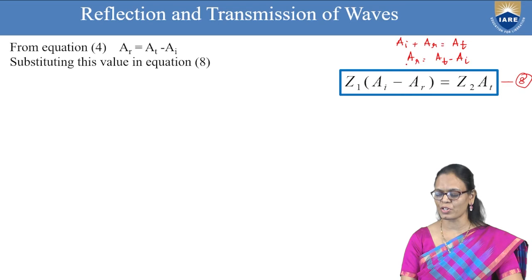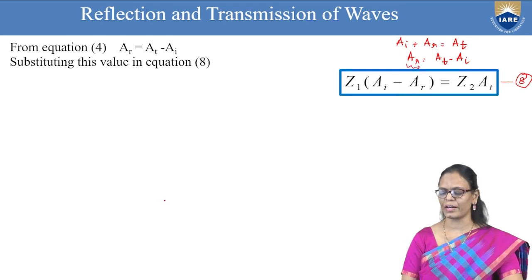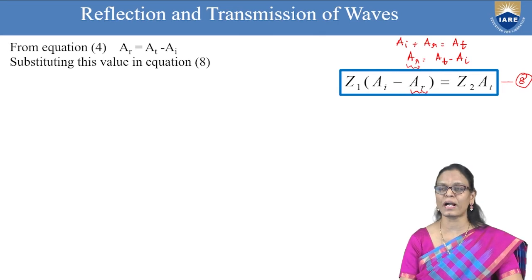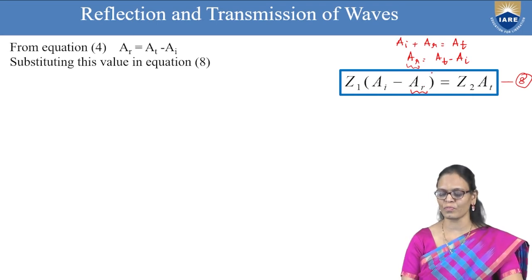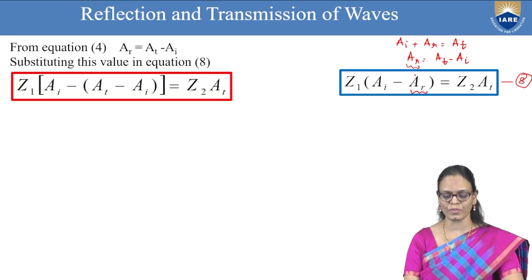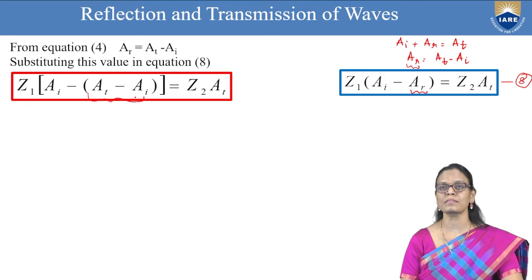So from here what we are writing, AR is equal to AT minus AI. We are going to substitute this value of AR here because we are going to now find the transmission amplitude coefficient. So we are trying to eliminate the amplitude of the reflected wave. So we are substituting for AR. So when you substitute, what you get, Z1 into AI minus AT minus AI. So for AR, we are going to substitute AT minus AI.